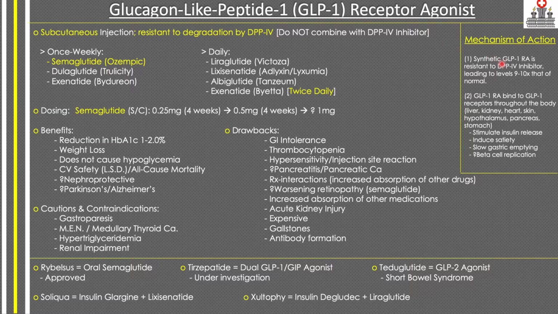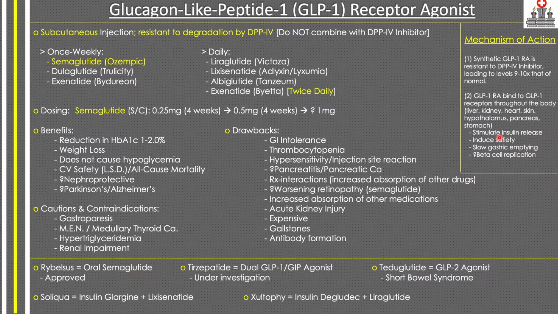So these drugs increase the levels of GLP-1 by roughly 9 to 10 times that of normal, and the drug goes throughout the subcutaneous tissue, slowly released within the body, acting within various organs such as the liver, kidney, heart, skin, hypothalamus, pancreas, stomach, intestines, etc.